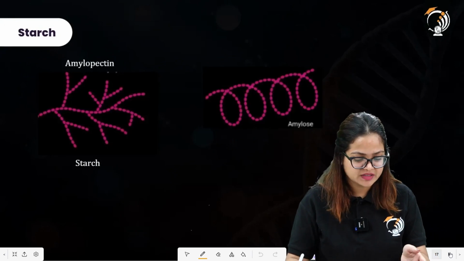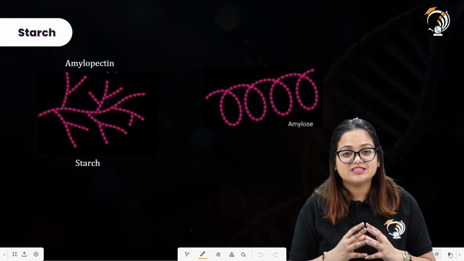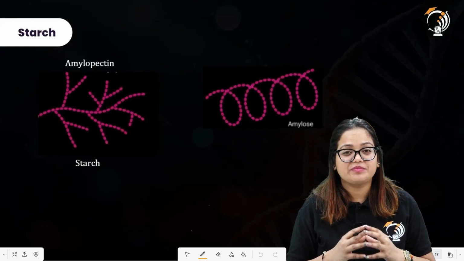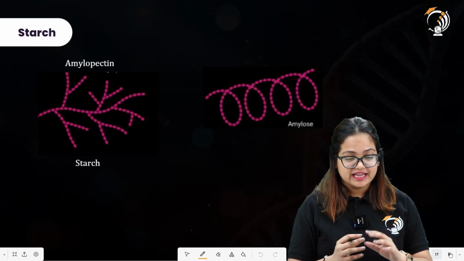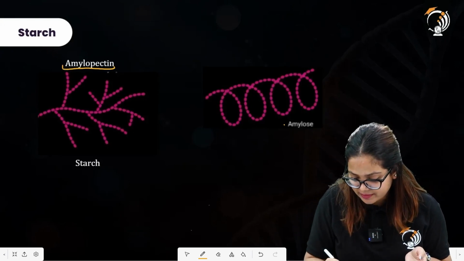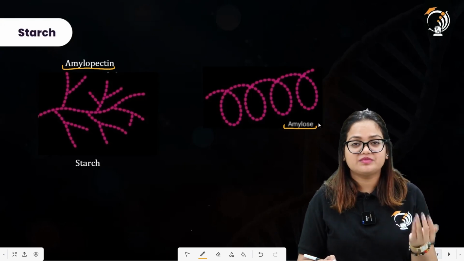Moving further, we have the starch, that is a carbohydrate. It is a stored form of carbohydrate in the plant leaves. It has amylopectin and amylose as the structural components that make up the starch.